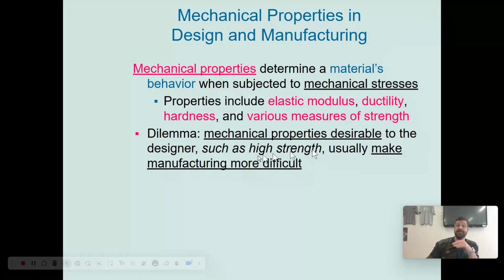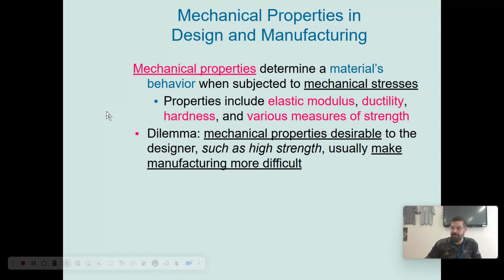Here is an underlying truth of the world, and a harsh truth about manufacturing: very often the mechanical properties that are desirable to a designer of a material, such as high strength, are really problematic when it comes to manufacturing.